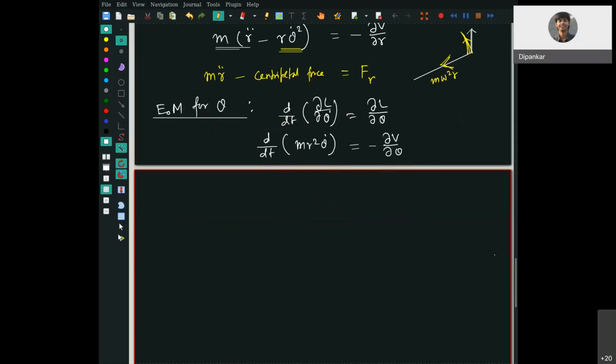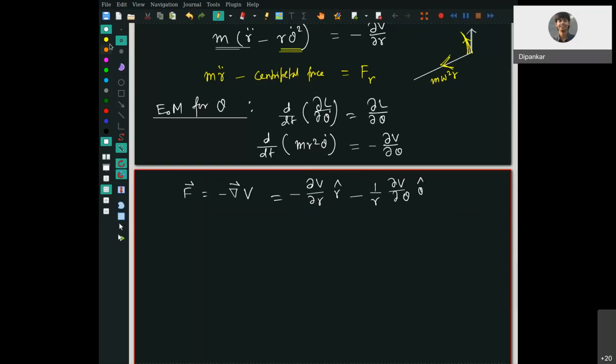Remember that this force had two components: an r component and a theta component. So f equals minus the gradient of v, and the gradient in polar coordinates would be given by minus del v del r, r cap, minus 1 by r del v del theta, theta cap.